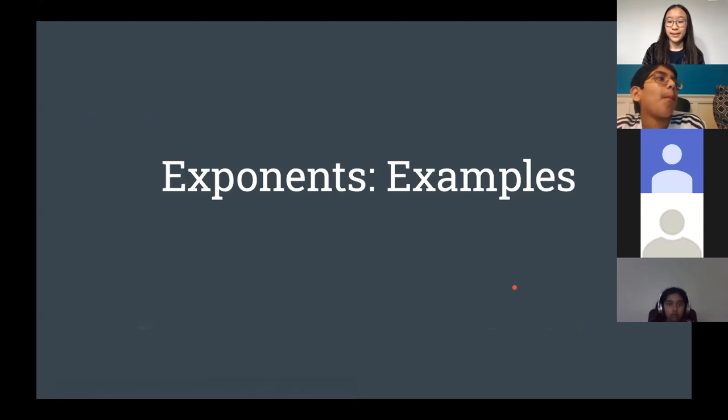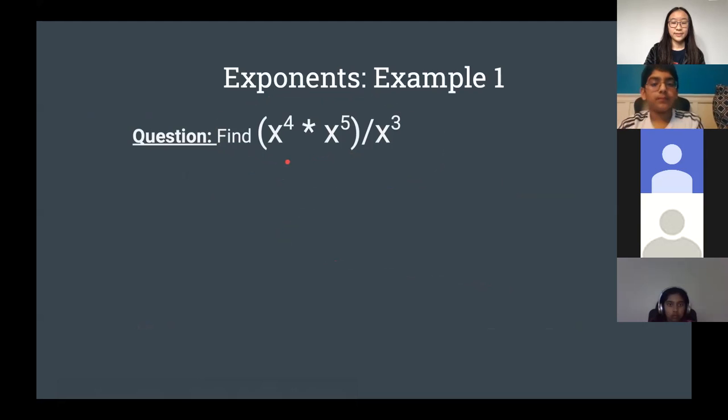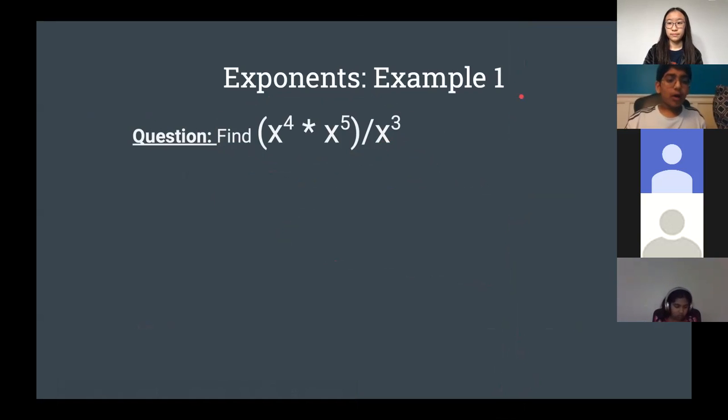Here are some example problems. All right, find x to the 4th times x to the 5th, and everything divided by x cubed. Here's where you might need some paper and a pencil, so feel free to work this out and type your answer in the chat. Can you repeat the problem? Okay.